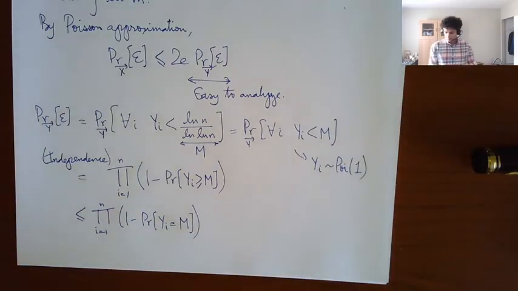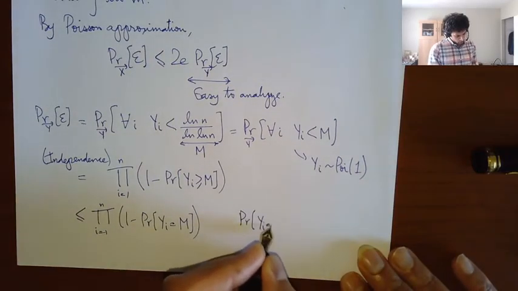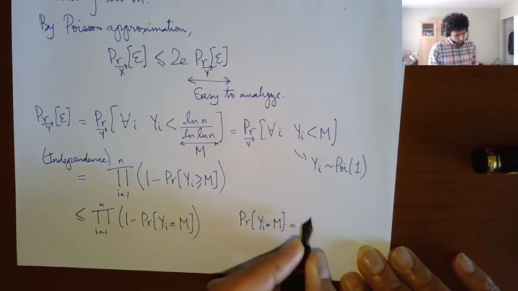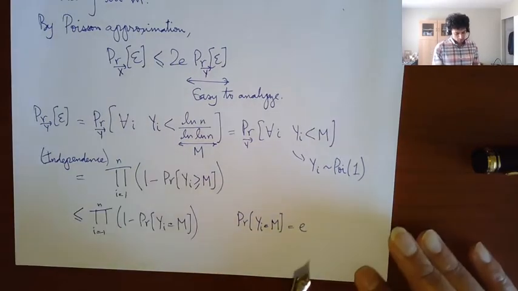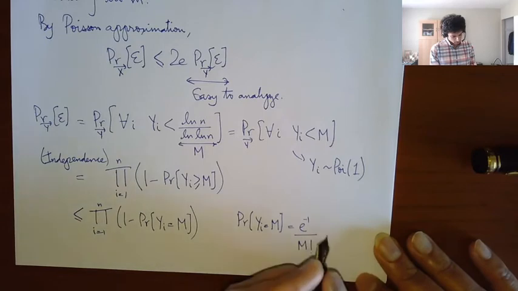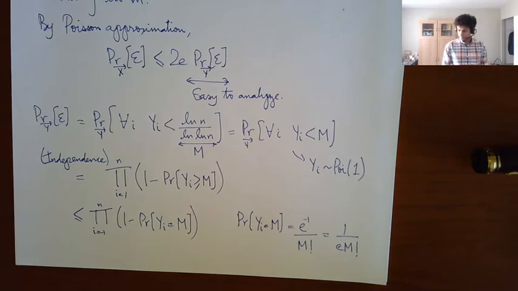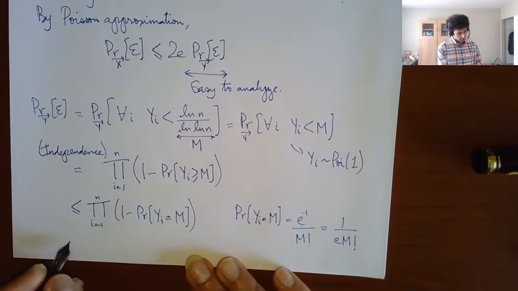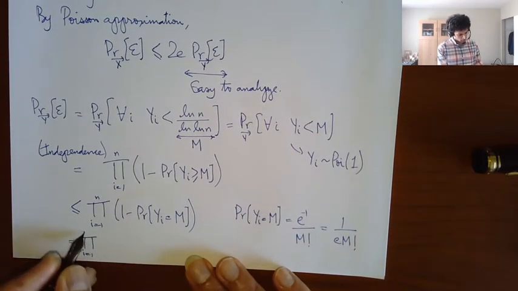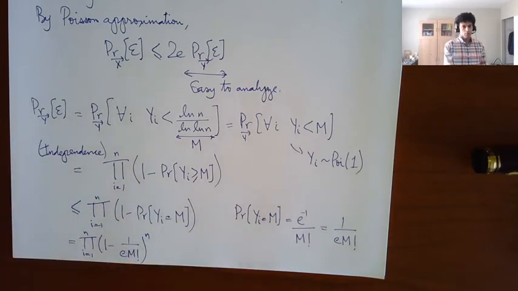Okay. Now what is the probability that yi is equal to M? It's e to the minus the Poisson parameter, which is just 1, divided by M factorial. So it's 1 divided by e M factorial. Plugging that in over here, I get the product, i going from 1 to n, of 1 minus 1 divided by e M factorial, to the power n.